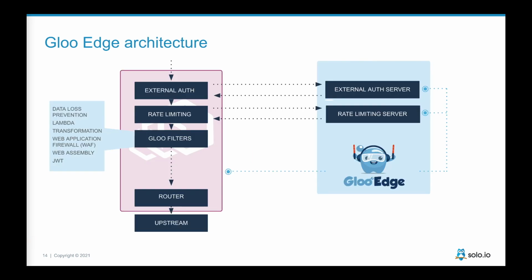And if you look at the architecture, you see on the left the Envoy piece, and you see these different boxes that represent filters. So in Envoy, a request comes in and it goes through a filter chain, and each filter in the chain can modify the request in one way or another.